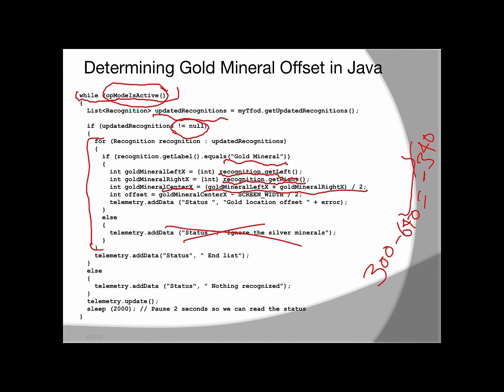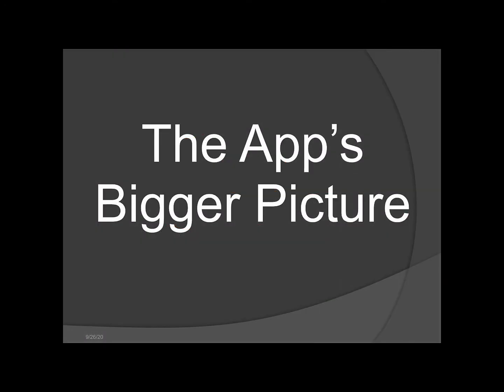The negative value tells us that the gold mineral is 340 pixels to the left of center. We've accomplished what we're going to do for this tutorial, and that is to determine whether the gold mineral is to the left, to the right, or dead center, and by how big the offset is.